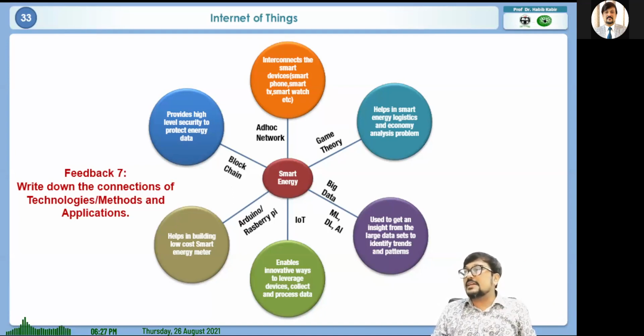Then IoT enables the way to leverage the devices, connect the devices. Then building low cost smart meters with Arduino, Raspberry Pi, as I told you somebody is doing. Then provide high level security and protect energy data with blockchain. So I ask you to write down the connections and applications. If you write it, it will be very good for you.